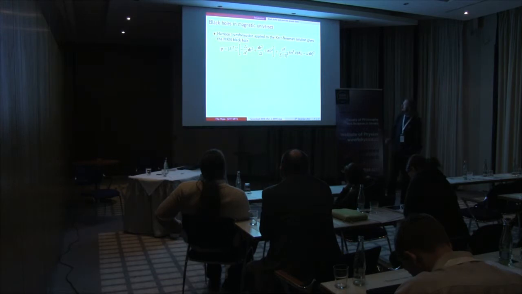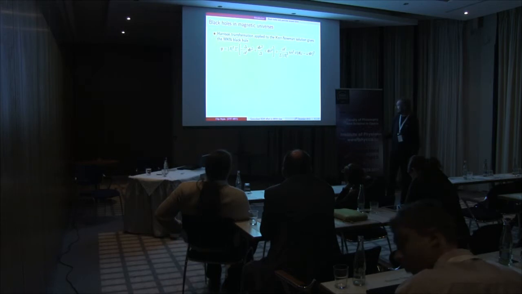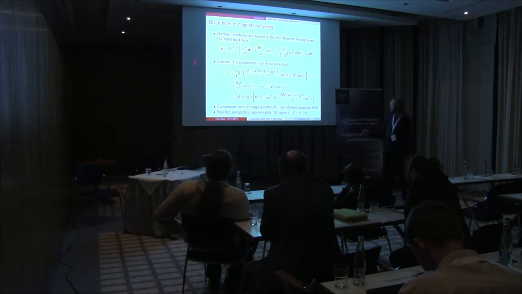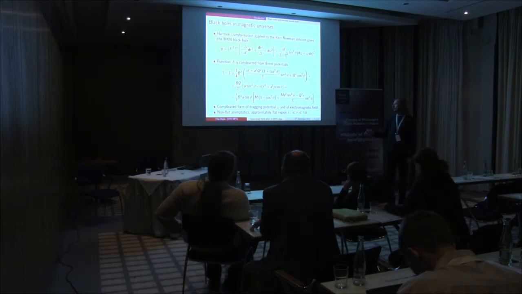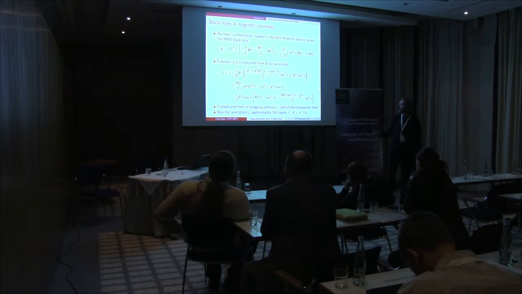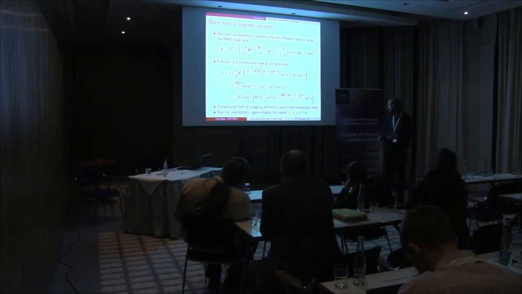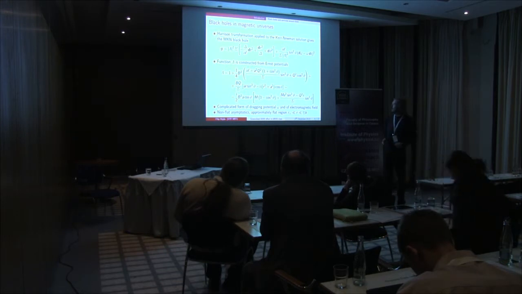As you look at the metric, it looks very similar to the original Kerr-Newman, but the appearance is deceiving because there is this lambda, lambda squared, and in fact lambda is a quite complicated complex function which is constructed from Ernst potentials of the original Kerr-Newman, and it contains the parameter B, which can be interpreted as the strength of the external magnetic field. And well, if you look at this complicated function lambda, the dragging potential is even worse, and also the components of the electromagnetic fields, and that's what causes the complications. I'm not writing it here.